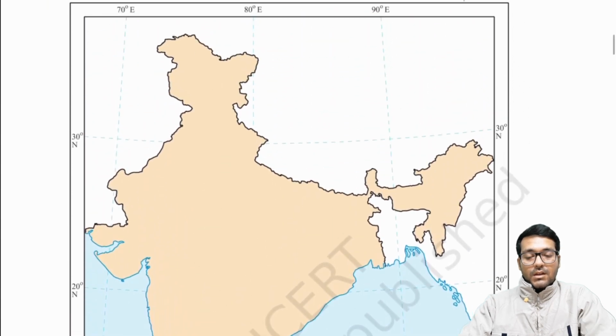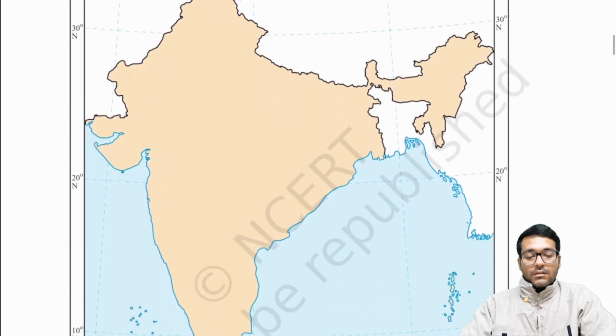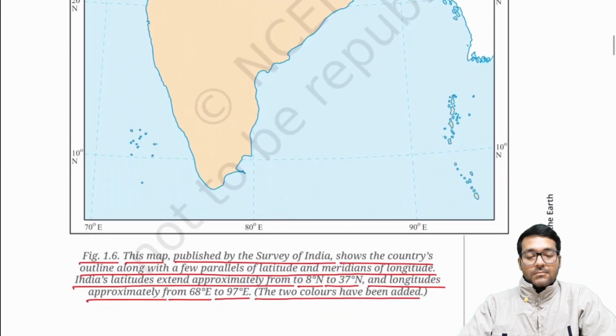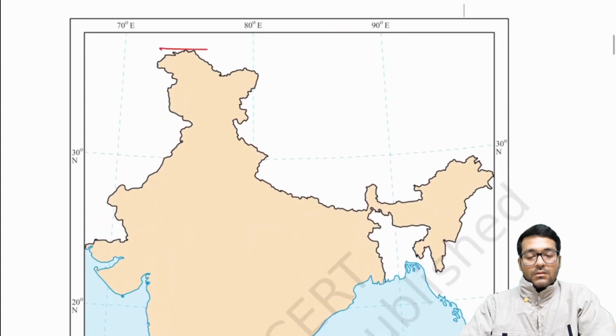You can see a map of India is given here and the extent of India is 8 degree north, parallel of latitude to 37 degree north, parallel of latitude.